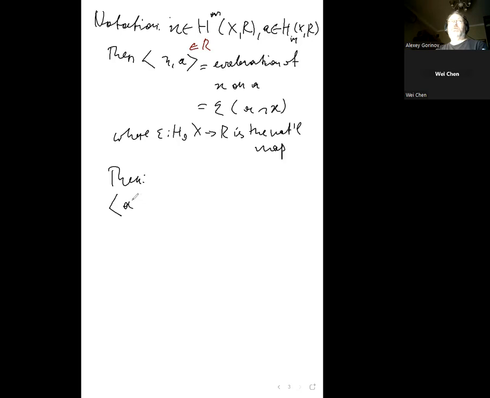Well, suppose I have A and B, two elements of the basis B, and suppose I want to do the following thing.